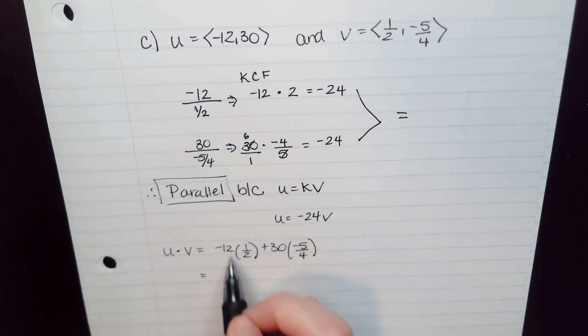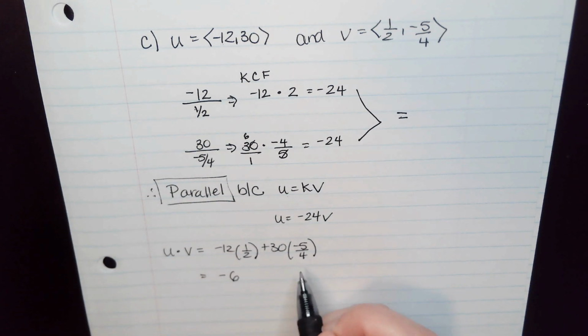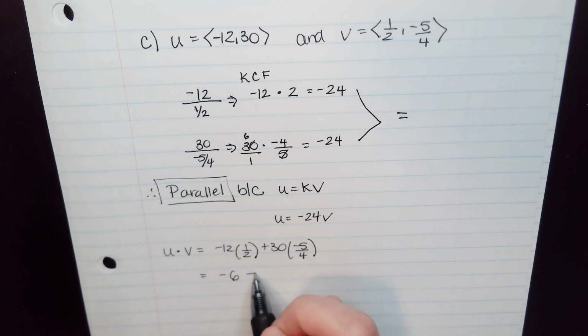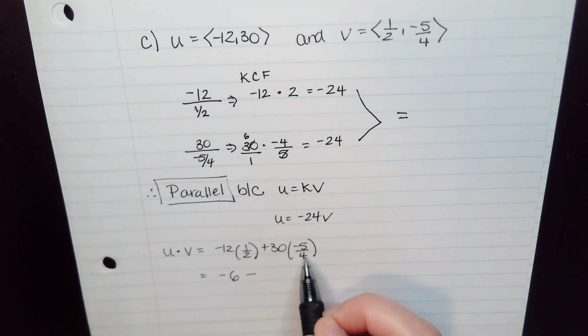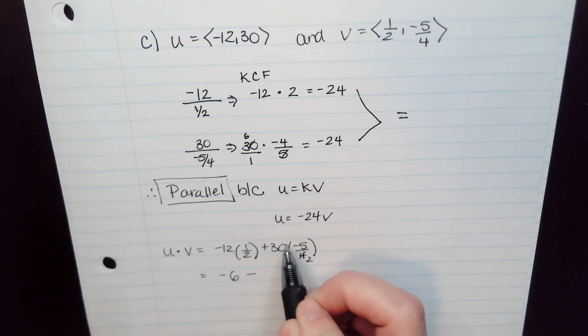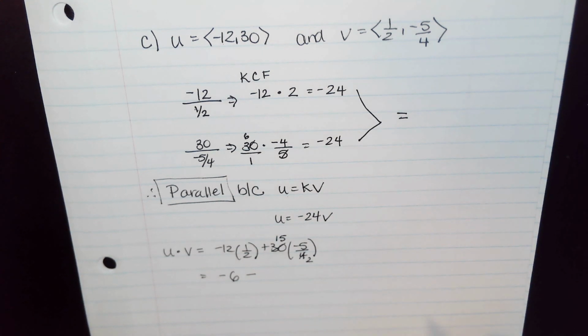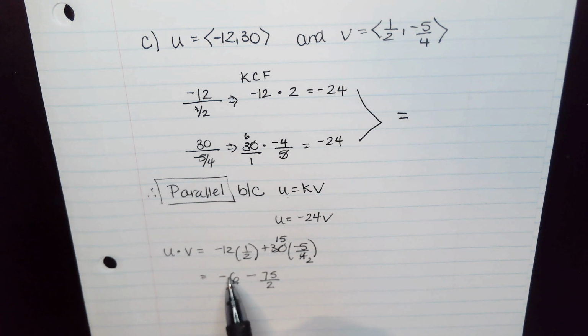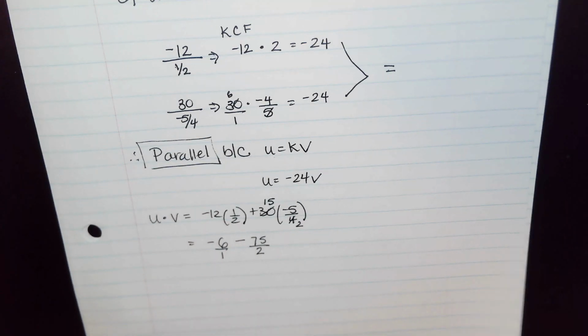So that would give us negative 12 times 1/2 is negative 6, and minus, and you can cross reduce here. That 2 goes into 4 2 times, 2 goes into 30 15 times. So that would give us negative 75/2.